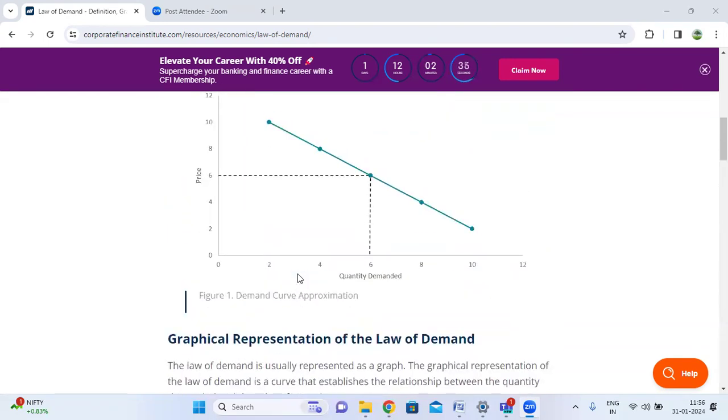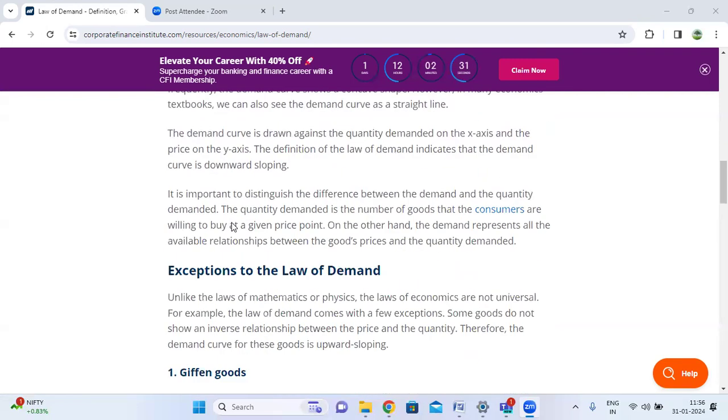So a consumer, a person or entity, is willing to pay a certain price for the product.